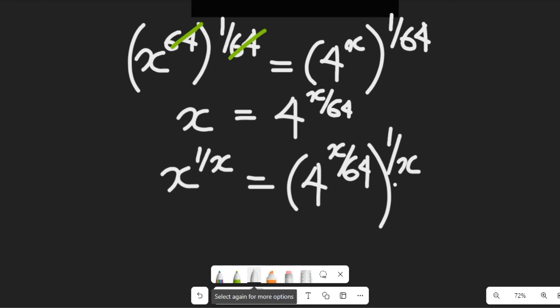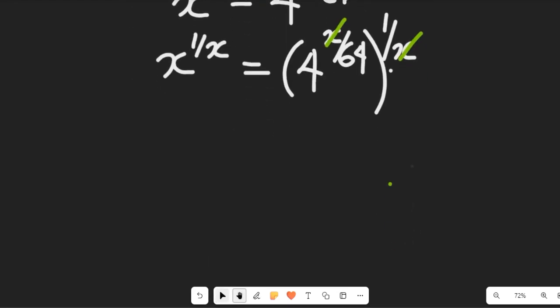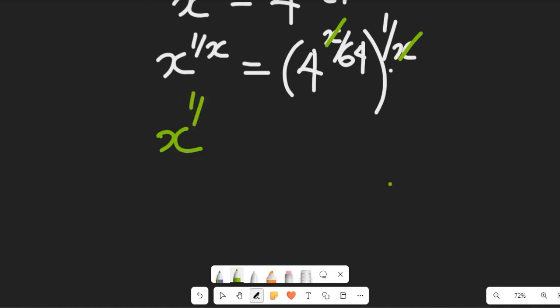That way I can clear x, and that is going to give me x clearing x. And what will that expression give us? The expression will now give me x to the power of 1 divided by x equal to 4 to the power of 1 divided by 64.